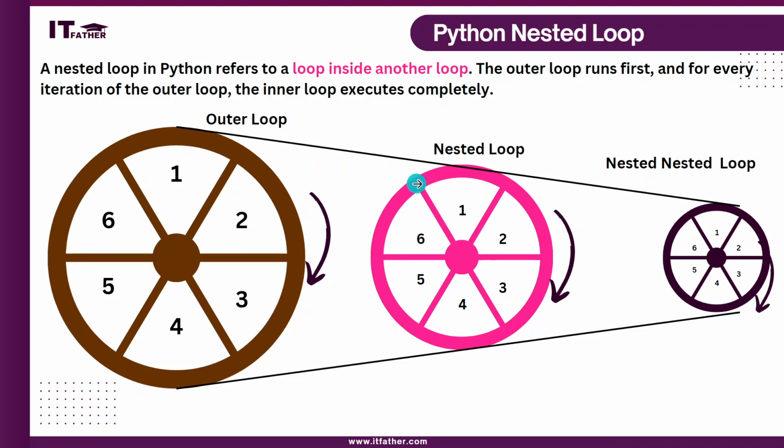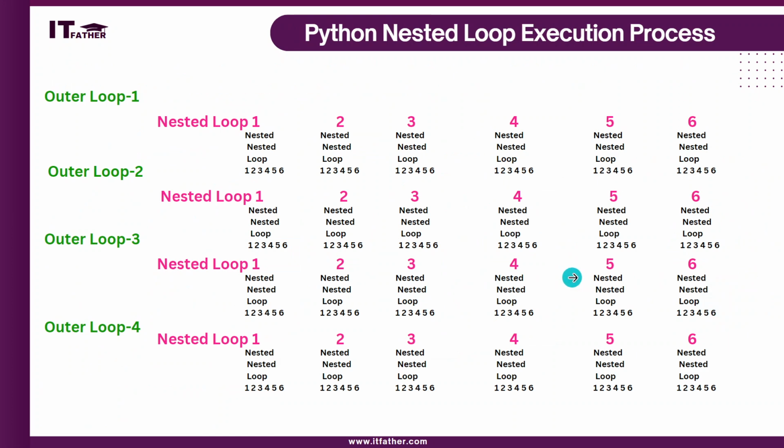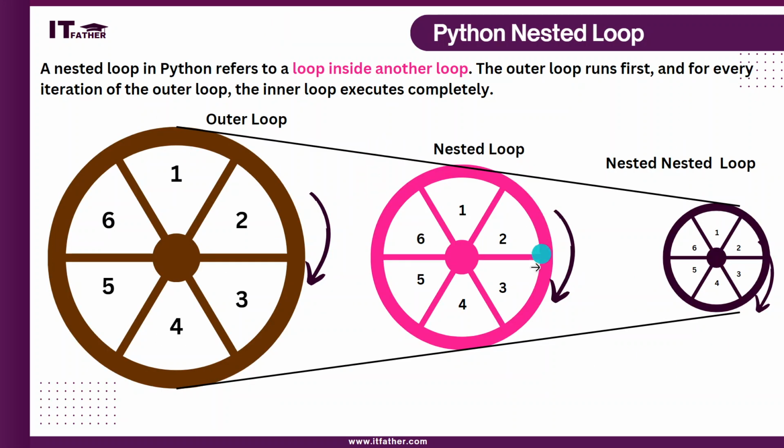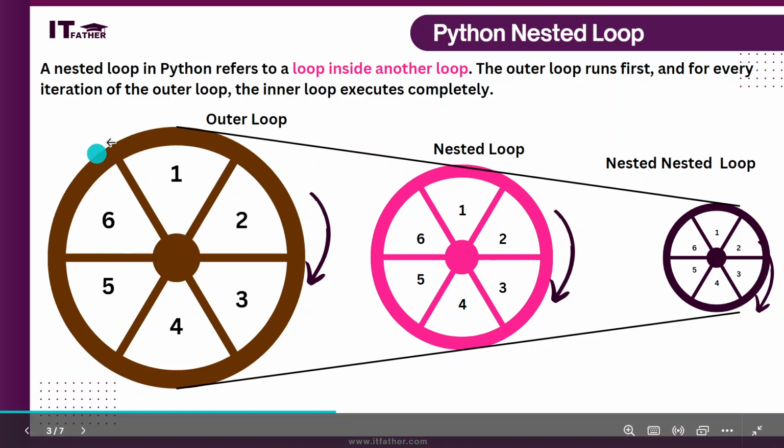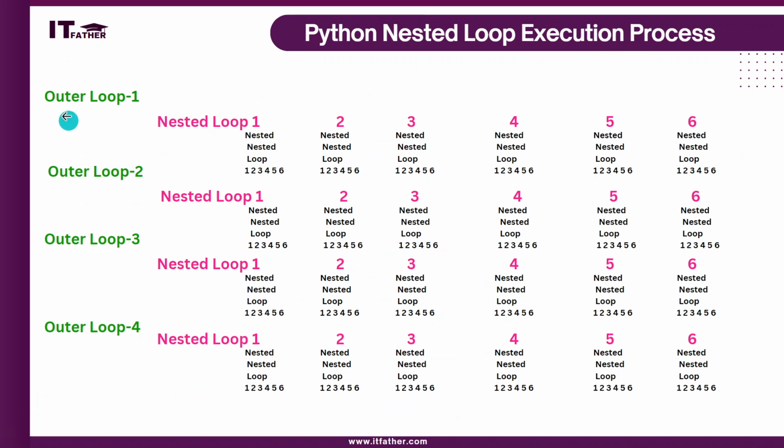And again, if this nested loop takes one iteration, then the double nested loop will take one complete cycle, meaning 6 iterations will be taken by this double nested loop, if this nested loop is running one time, and this will take a complete cycle if it is running by the outer loop one time.